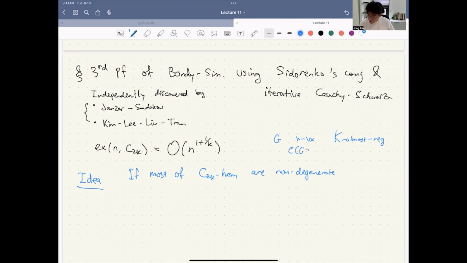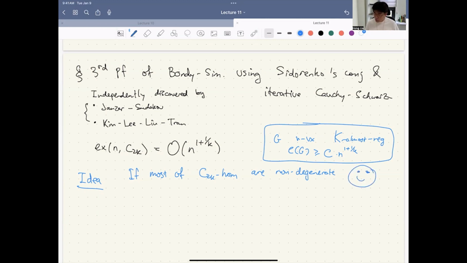The number of edges is bigger than some constant, sufficiently large in terms of k, times n to the 1 plus 1 over k. We need to embed a C_{2k} in such a graph. So if most of the C_{2k} homomorphisms are non-degenerate, we are done. We're happy. So that means most of the C_{2k} homomorphisms are degenerate.